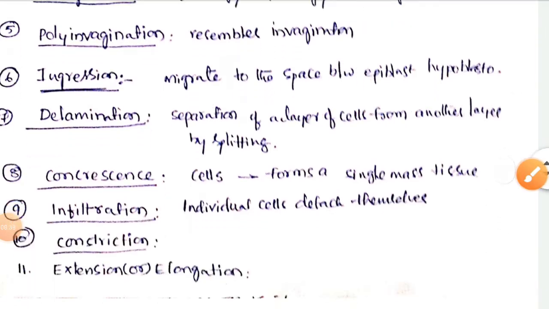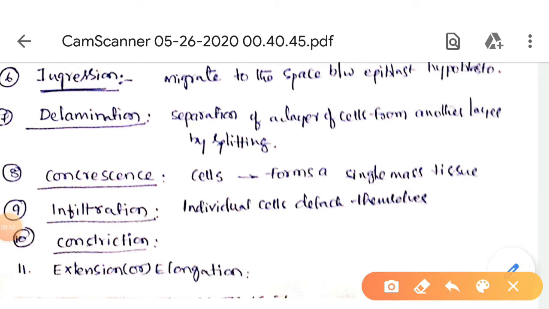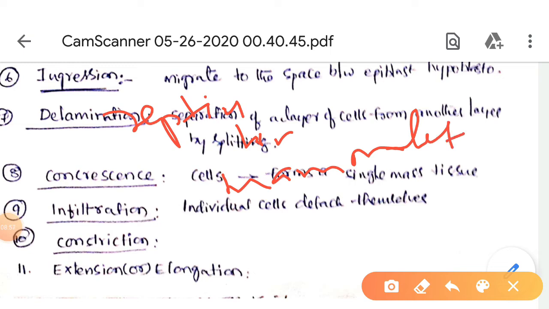And next one, ingression. Ingression occurs mostly in reptiles, birds, and mammals.